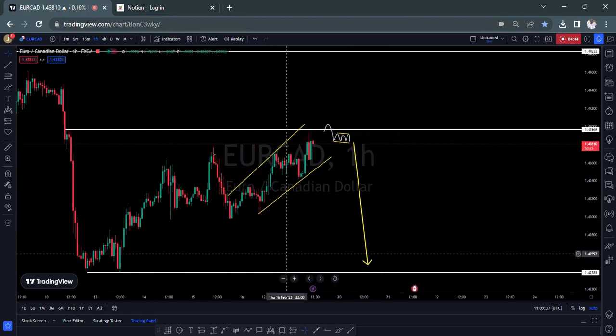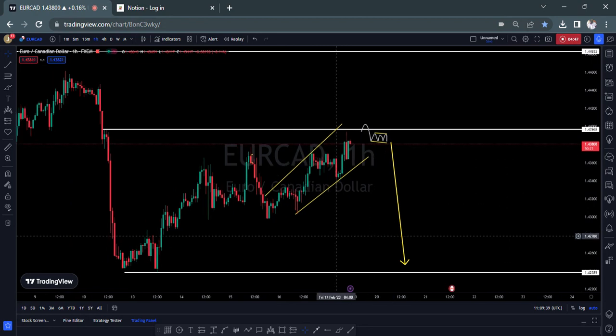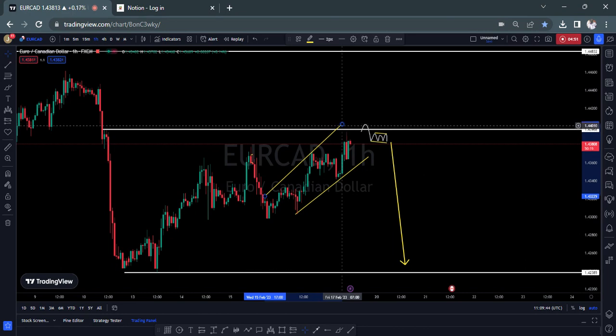There's actually something I was looking up to for this trade, and I feel maybe it's going to happen.